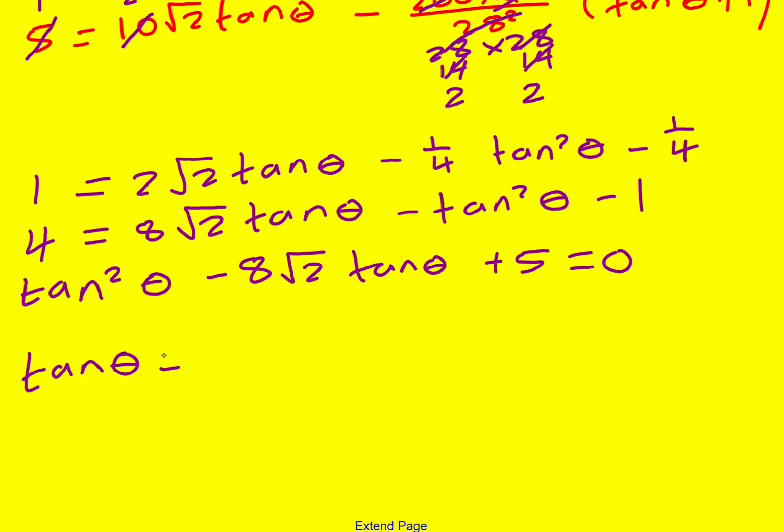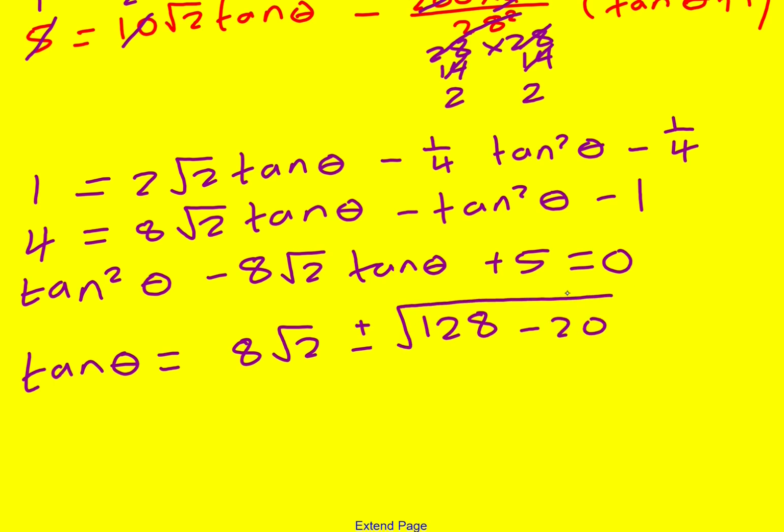Tan theta is going to equal minus b, so 8 root 2, plus or minus 8 root 2 squared. So 8 squared is 64, root 2 squared is 2, so 64 times 2 is 128. Minus 4ac, 4 times 1 times 5, so minus 20, all square rooted, all over 2.